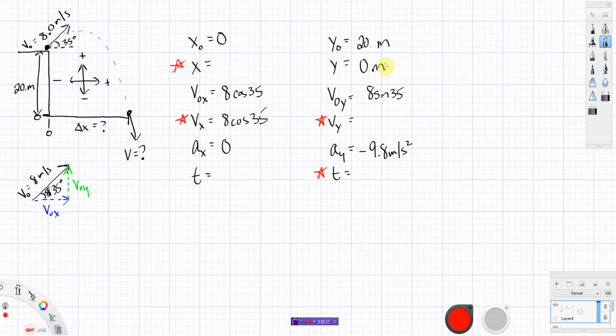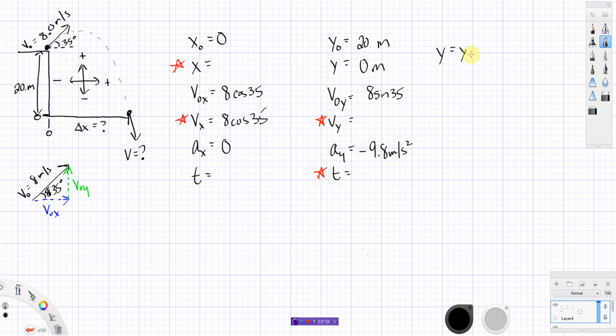I need time. Well, I've got, let's see, different color here. I've got everything except for final velocity. So there's only one equation that has time in it but doesn't have final velocity or velocity at time t, and that is this one.